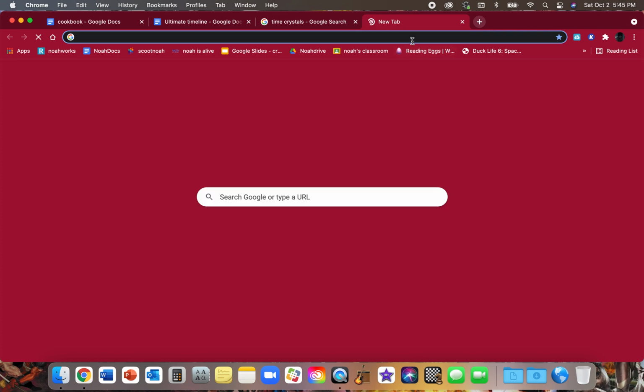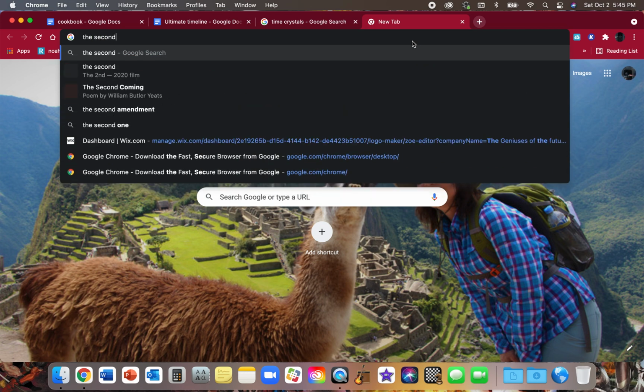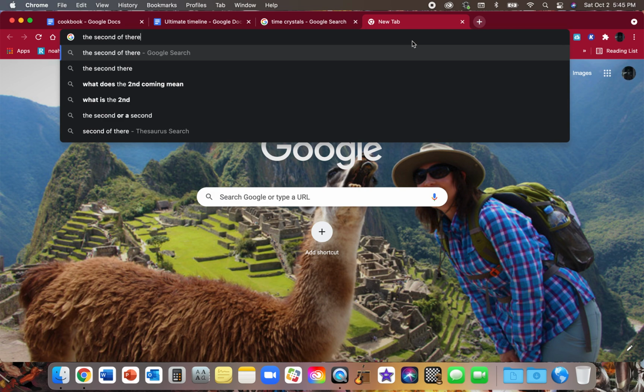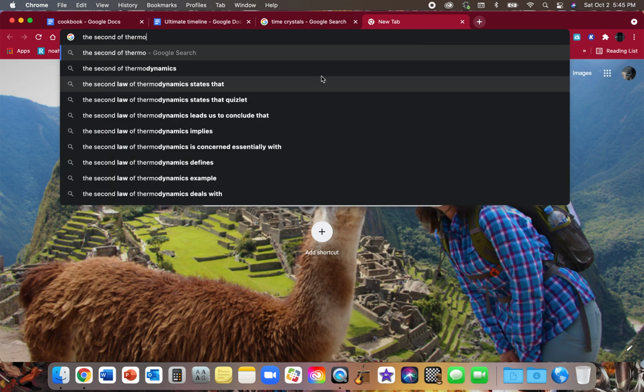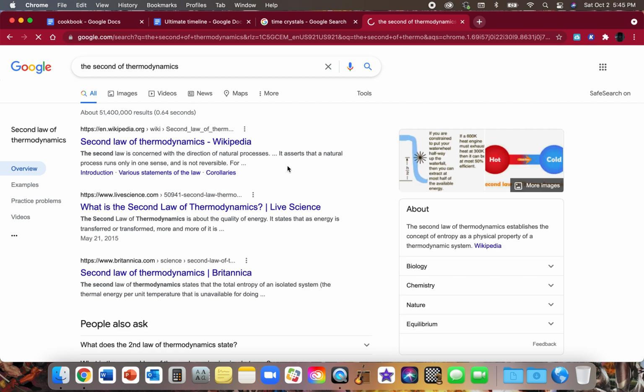So here, we'll look up the second law of thermodynamics. And while this may seem very advanced, it's not. It's really simple. I mean, I'm a 13-year-old boy and I can understand it.